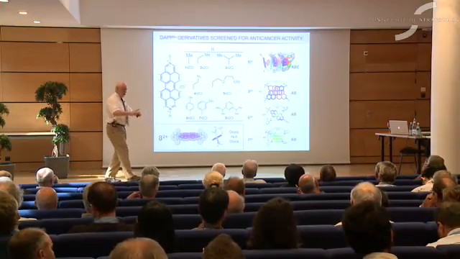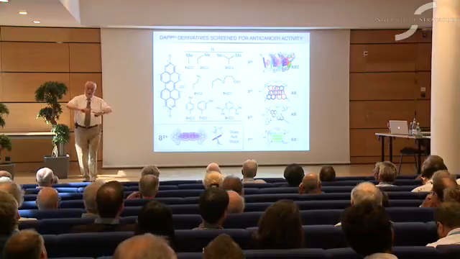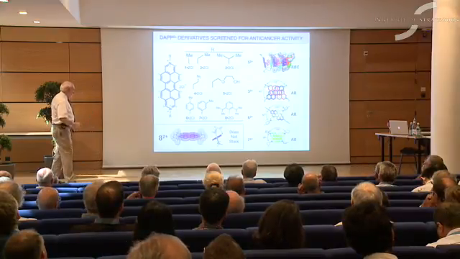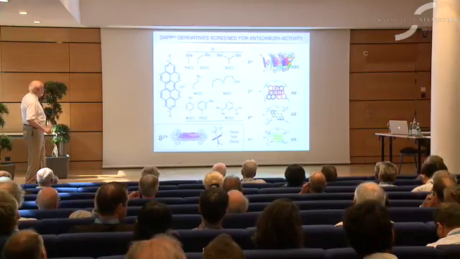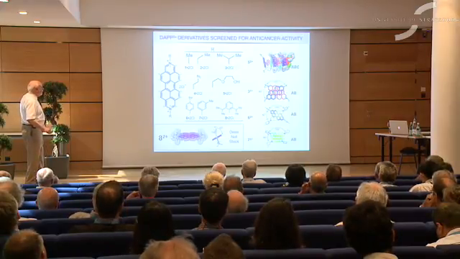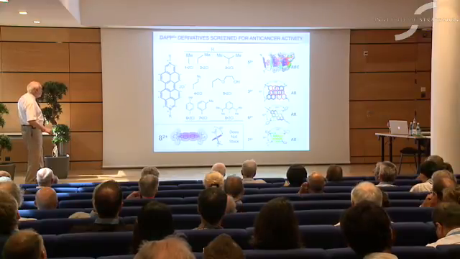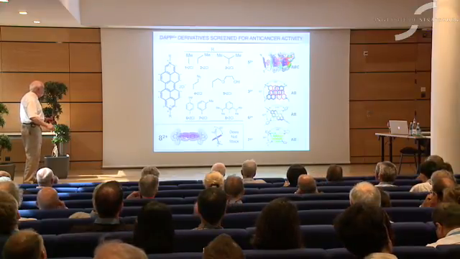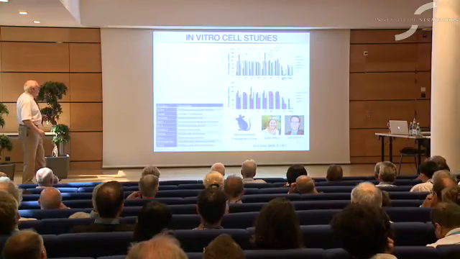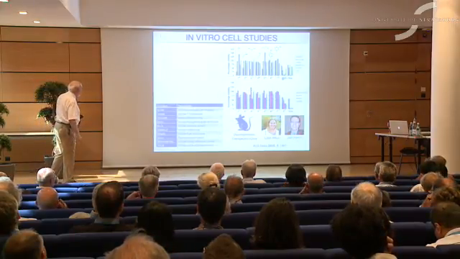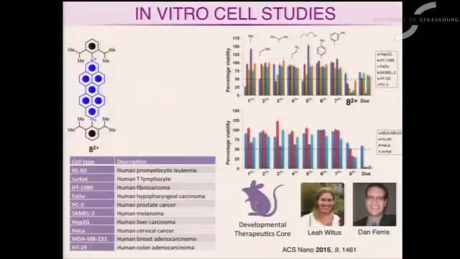And these AB ones are just repeating AB units in a constant channel or a constant long array. However, here it does not stack, and the reason is very obvious because of the situation involving these bulky groups. And so we took, I think, about 10 different cell lines, and these are just in vitro studies.